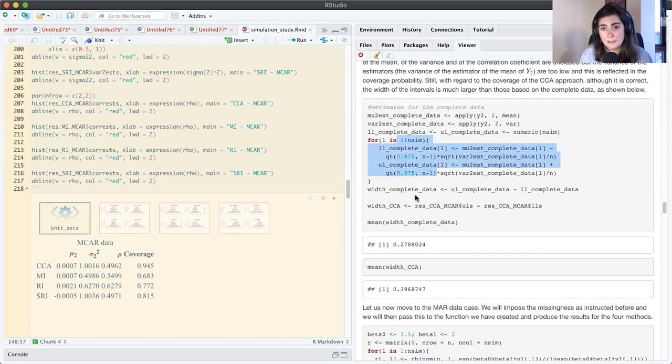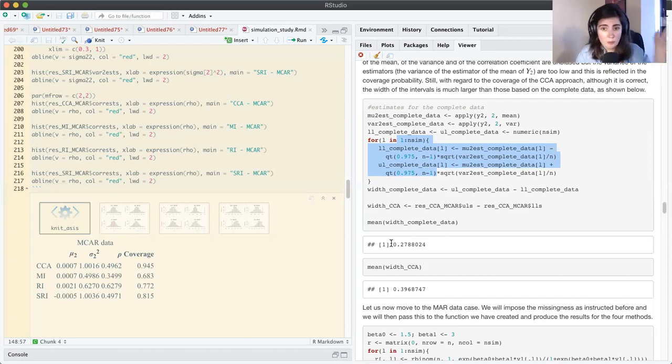And then I have looked at the width. So I have again generated, for the complete data set, 95% confidence intervals, and then I have looked at the width of each of the intervals, the same for complete case analysis. So at the end, I have 1000 widths for the complete case analysis and 1000 widths for the confidence interval that corresponds to the complete data.